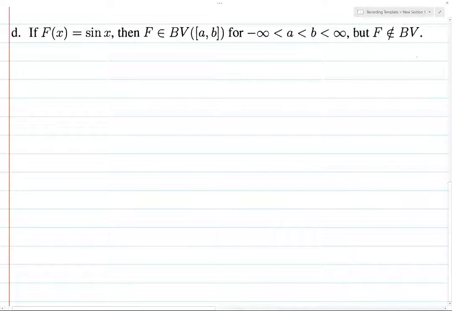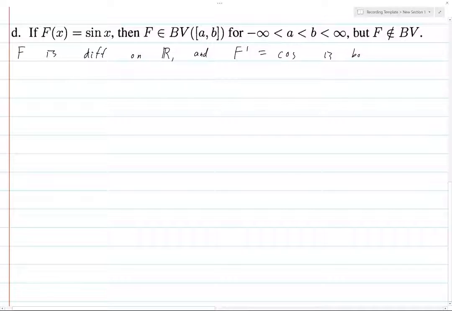Now let's do this. Let f of x equal sine x. f is differentiable on R, and f prime equals, well, what's the derivative of sine? It's cosine.